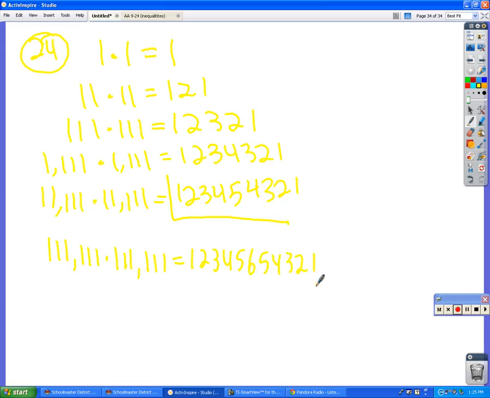Did anybody check that? Does that work? I think it does. I think it works all the way up to 10. And then the conjecture for the 10th line, we don't really know how you would write that because of the 10 in there. So I don't know what they want to put there.